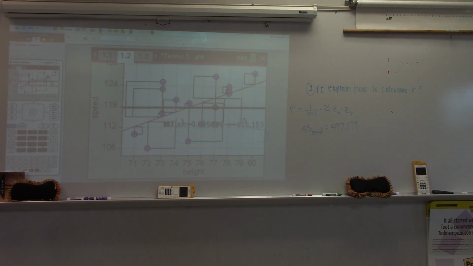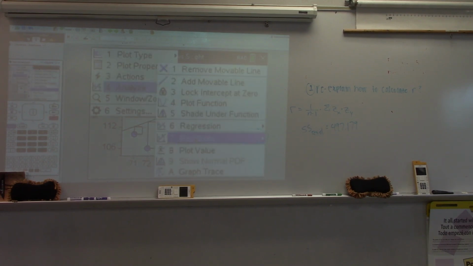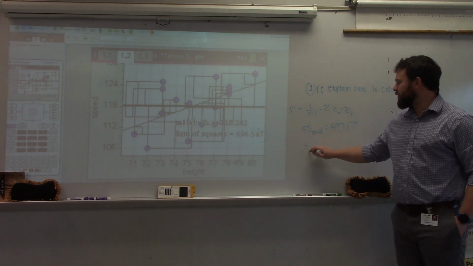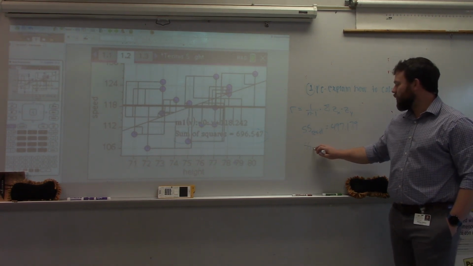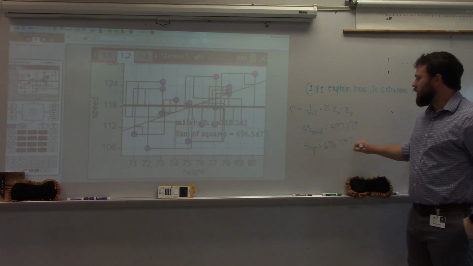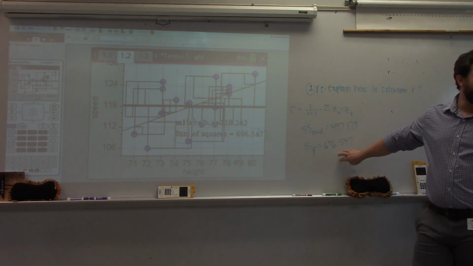That's close enough. Apparently it's not. There we go. Okay. So let's actually do my residuals based on that. Okay, so notice the sum of squares based on the average y is 696.547. So, Tyler and everyone else, please notice this.